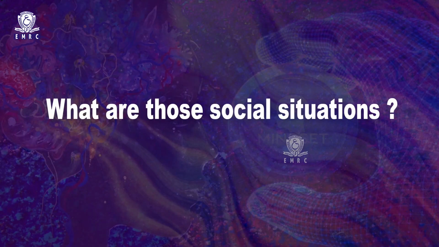However, change in attitudes resulting from reception of additional information depends upon the nature of the social situation in which the information is given. So, what are those social situations? Why is it that the social situation determines the influence upon the individual? Let us talk about those social situations now.